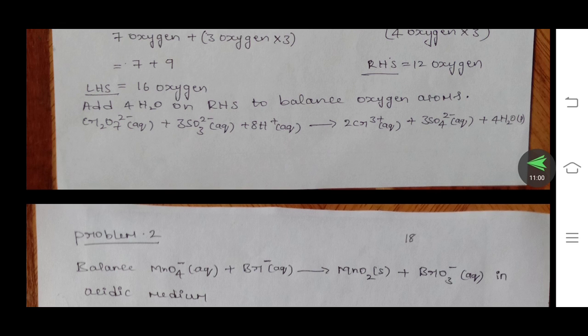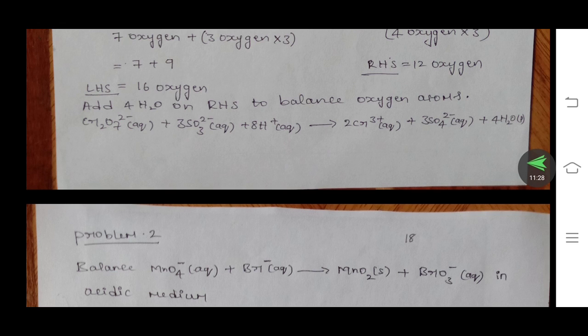See, last equation, that is the final equation. Cr2O7 2 minus plus 3SO3 2 minus plus 8H plus gives 2Cr3 plus 3SO4 2 minus plus 4H2O. Now number of hydrogen you check, 8 hydrogen present on the left side, right side you check 4 into 2, so 8 hydrogen on the right side also.